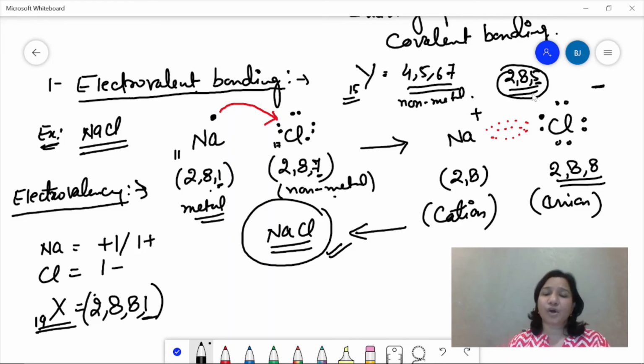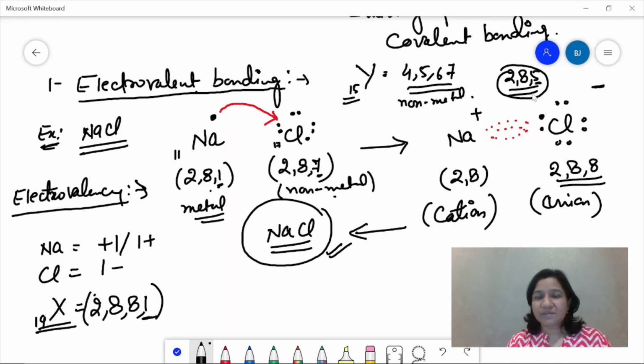It will be a non-metal. So how to recognize a non-metal? Non-metals are those elements which have 4, 5, 6 or 7 electrons in their valence shell. And non-metals will always gain electrons, and if they are gaining electrons, obviously they will convert into the respective anions, right? Whatever number of electrons they gain, that much negative charge they will acquire.